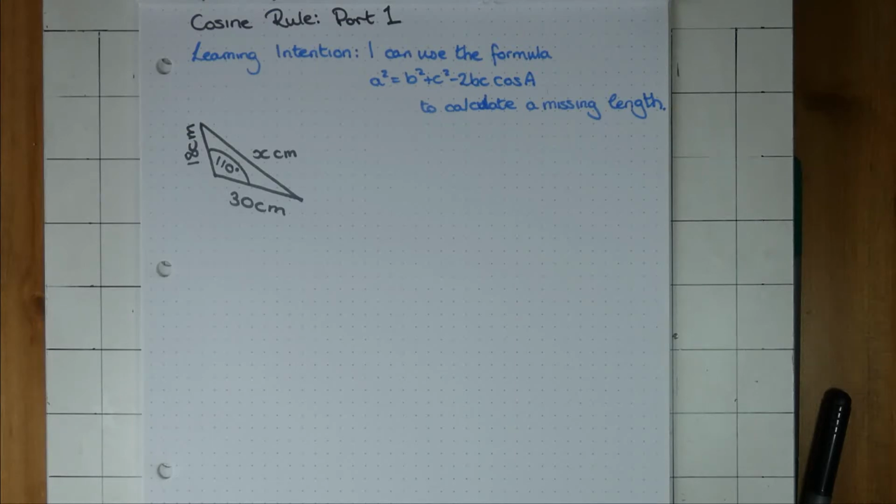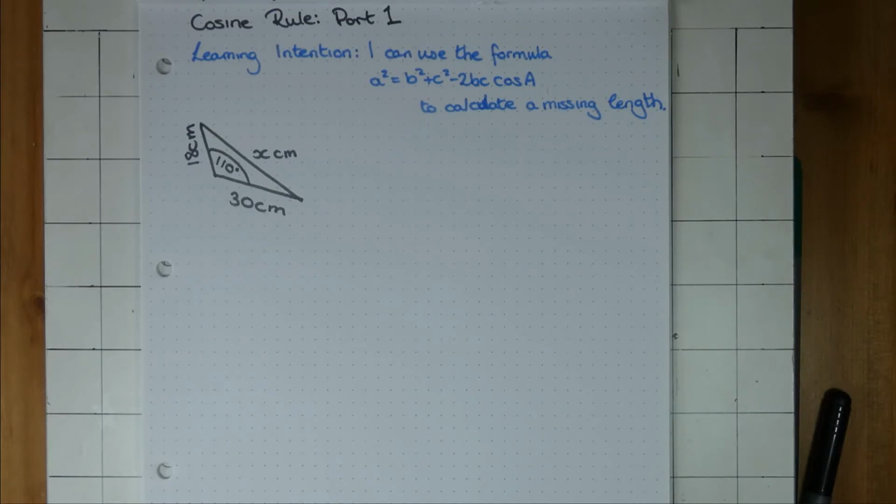Now, what I would like to emphasise is that this formula does not look very pleasant. But it's actually a gift in an exam, because what you're doing is substituting in numbers and typing it into your calculator.